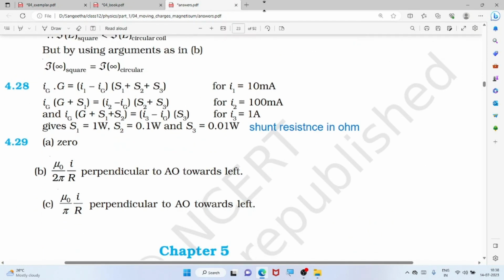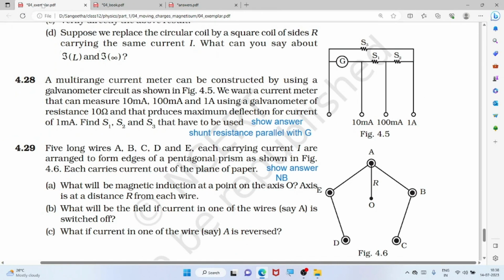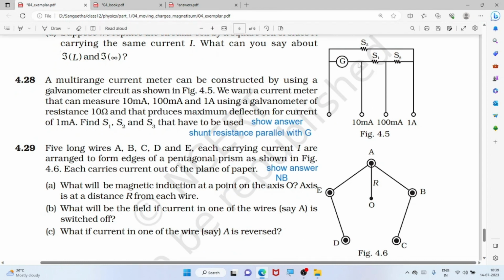Here at first this is parallel with this for the 10 milliamps. All the three shunt resistances are parallel with the galvanometer. For 10 milliamps, these 1, 2, 3 are parallel with these two points.